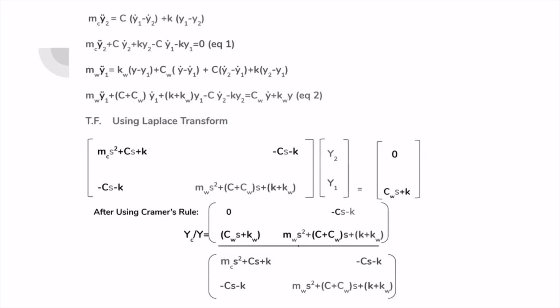To get this, we plug in the column on the right of the equal sign and replace it within the column of the left side of our main matrix. And then the denominator is just our original matrix. So we have MCS squared plus CS plus K on the left, and then minus CS minus K on the right. And our denominator, or our bottom row, is minus CS minus K on the left, and on the right we have MWS squared plus the quantity C plus CWS plus the quantity K plus KW.